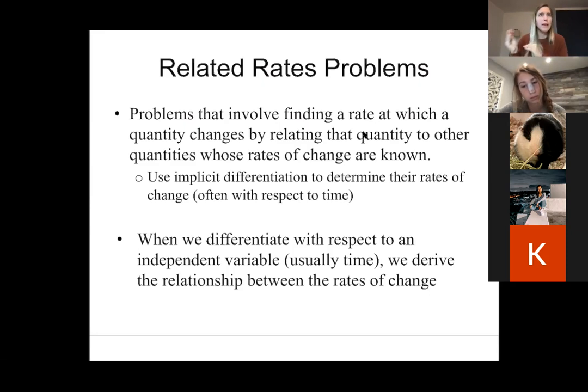Or you might be given some extra information that then relates the height of the cylinder and its radius. But then when you take the derivative with respect to time of that relationship, you're coming up with an equation that describes the relationship between the rates of change. So like the rate at which volume is changing and the rate at which the diameter is changing, or something like that.